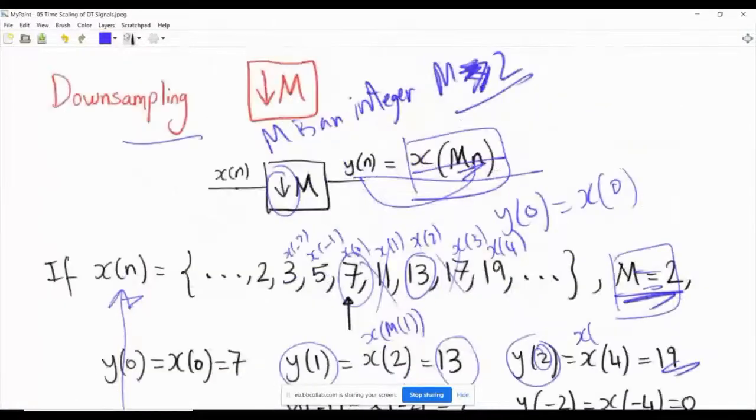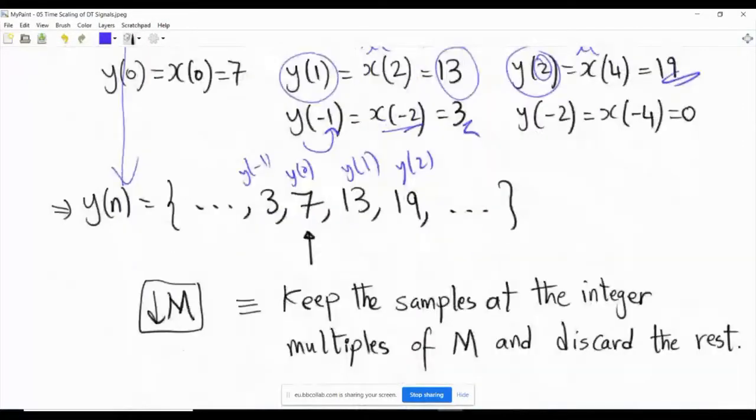So downsampling is described by this mathematical expression. And if you want to describe it in words, for a downsampler with a factor of big M, you only keep the samples at the integer multiples of big M, and you discard the rest.